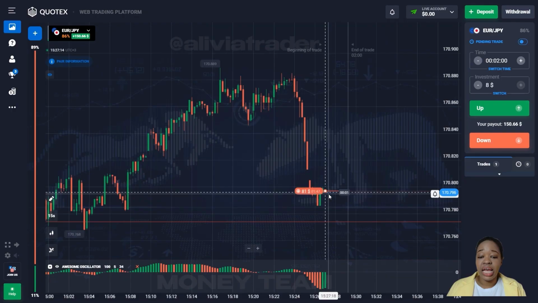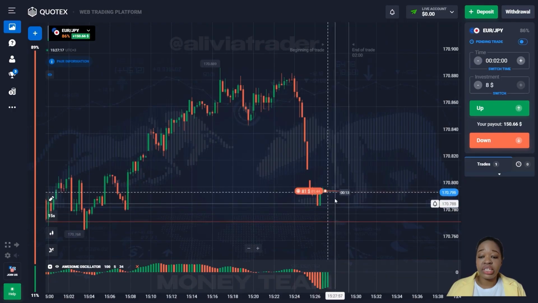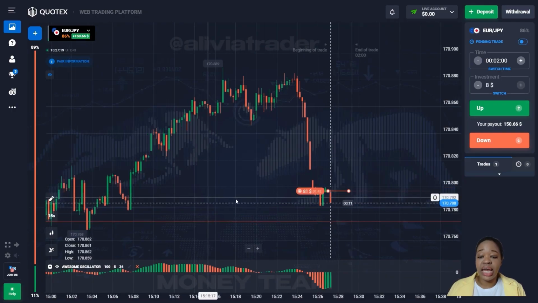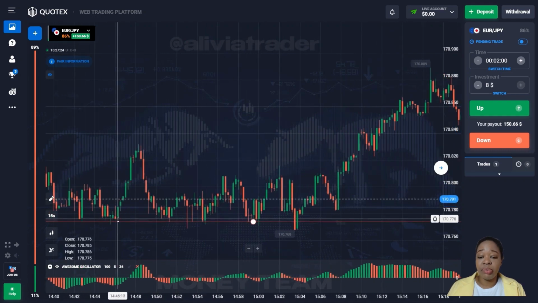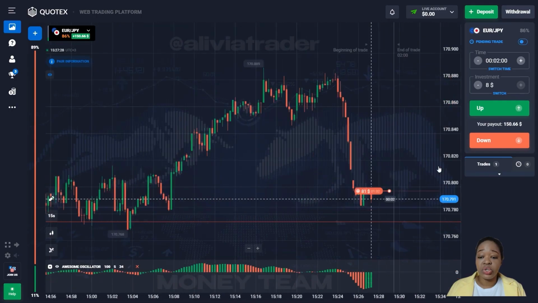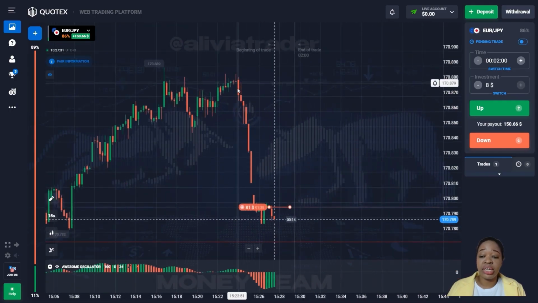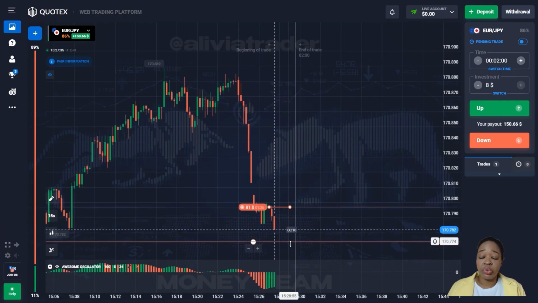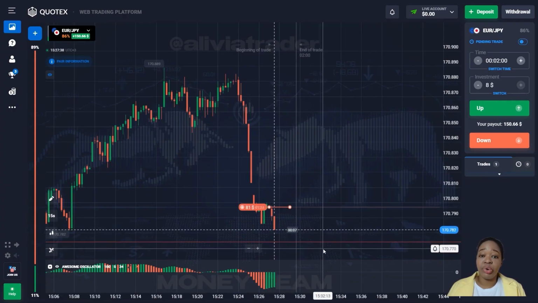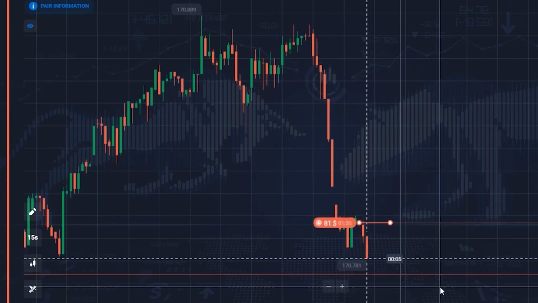Also, as you can see, I still have enough space before the support level, and as you can see earlier, the price has already hit this level several times. At the same time, recently the price has been moving down, mostly with red candlesticks, so it's likely that the price will continue to move down in the near future and will touch the marked level. In this situation, I'm using 2 minutes with the reserve in case of a retracement or the price rolling up, but let me wait and see the results.